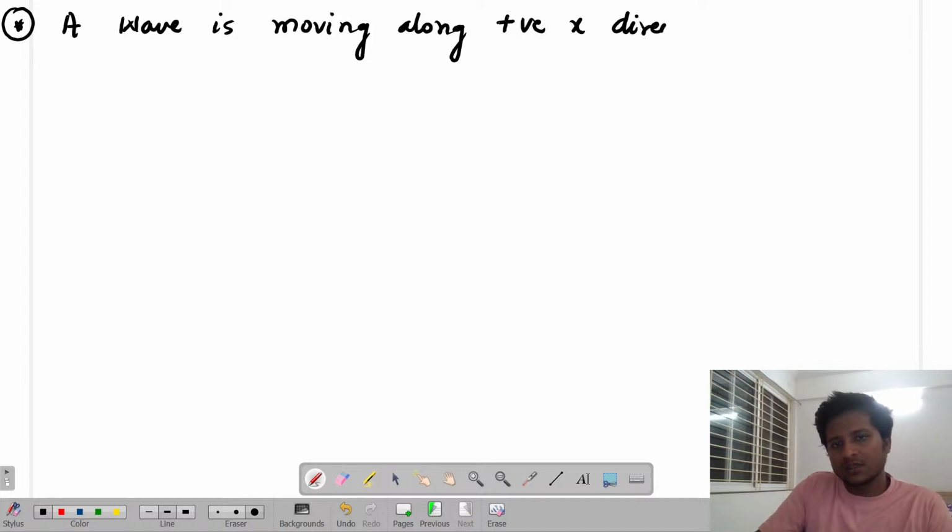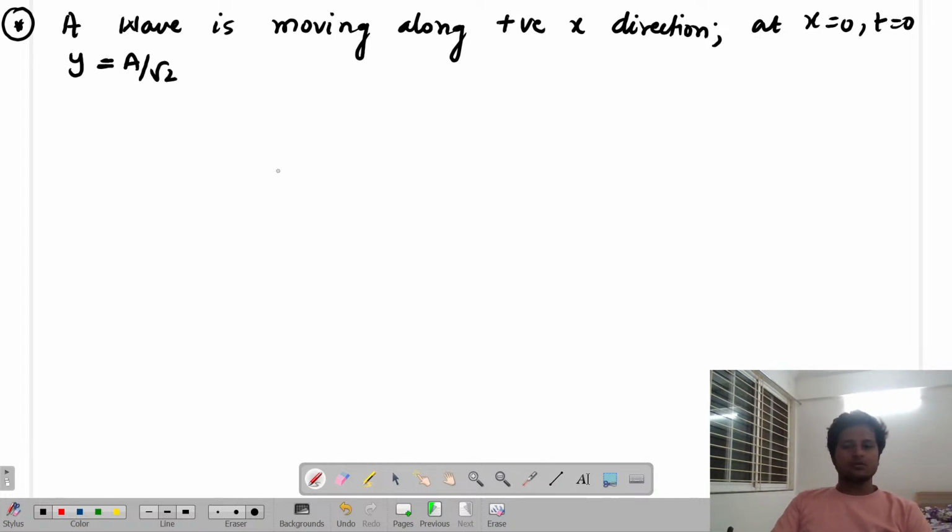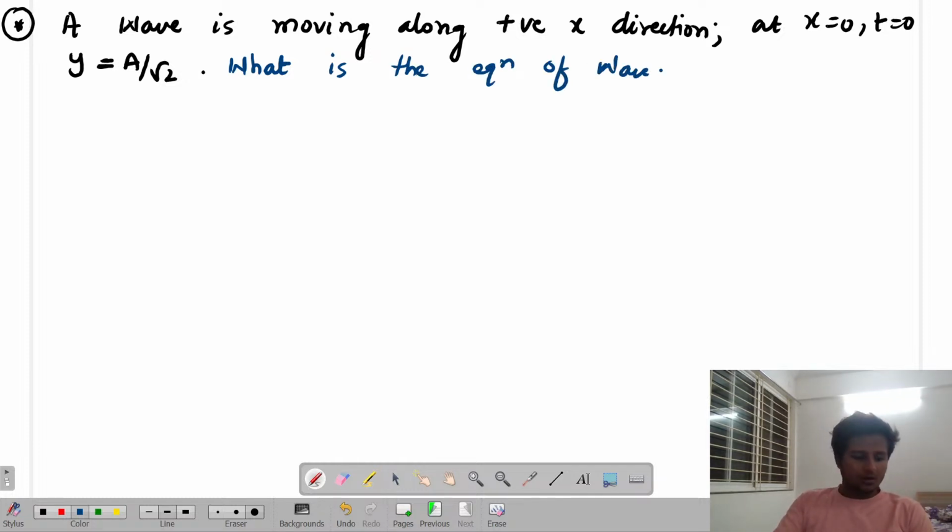A wave is moving along positive x direction, and at x is equal to 0, t is equal to 0, the displacement of the particle was a by root 2. How much? A by root 2. Then tell me, what is the equation of wave? Now that's a big question.